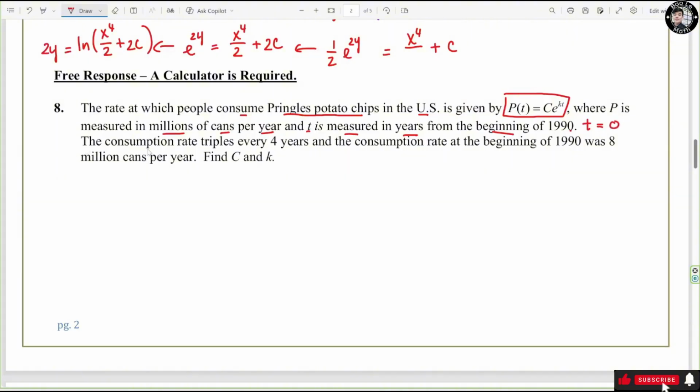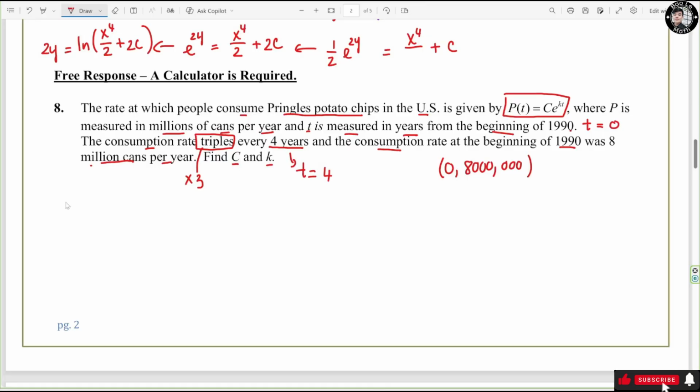The consumption rate triples, which means you need to multiply by 3, every 4 years, which means t equals 4. And the consumption rate at the beginning of 1990 was 8 million cans per year, so you have the ordered pair (0, 8 million). Find c and k.